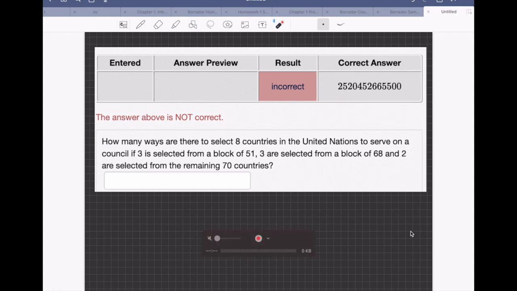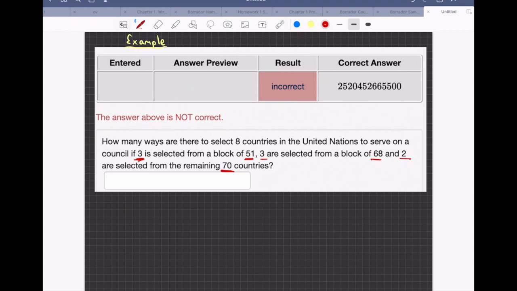Finally, let's see one example from WebWork. It says: how many ways are there to select 8 countries in the United Nations to serve on a council if 3 are selected from a block of 51, 3 are selected from a block of 68, and 2 from the remaining 70 countries.